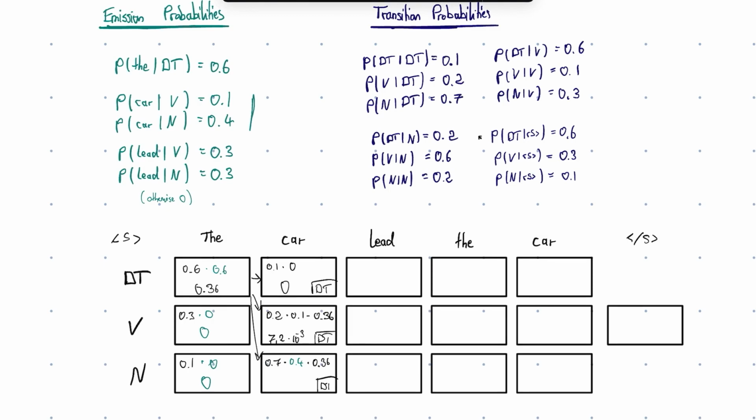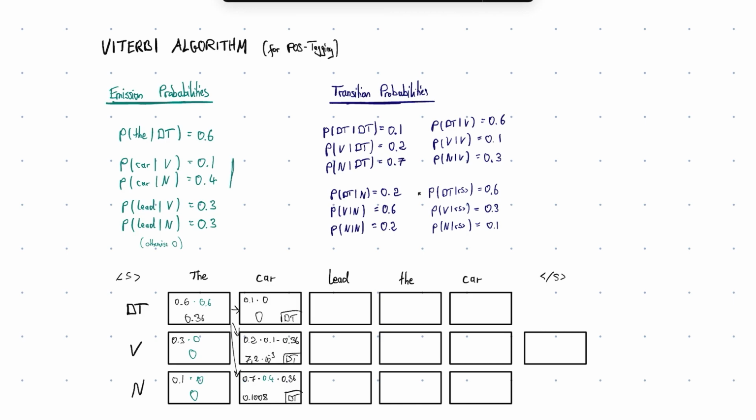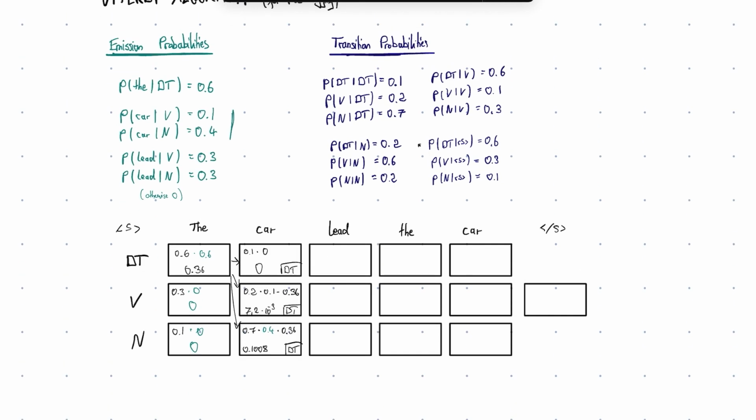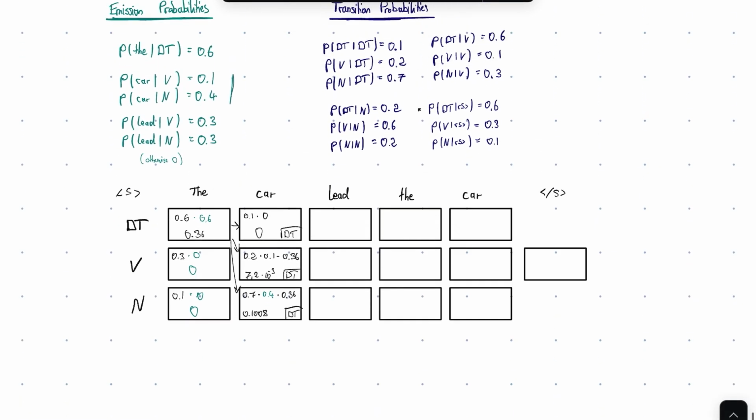We should write down that we come from the determiner state, and of course we multiply it, and we get this.